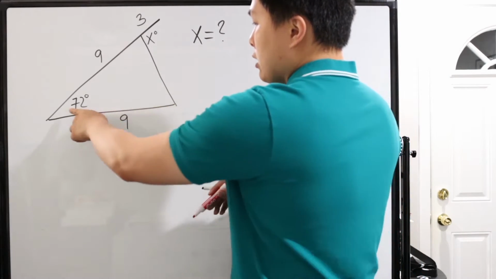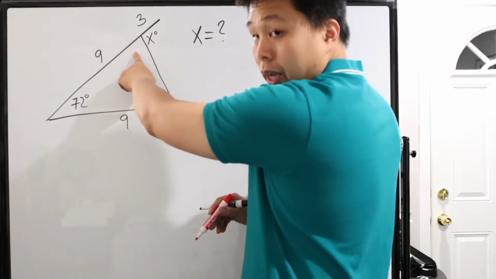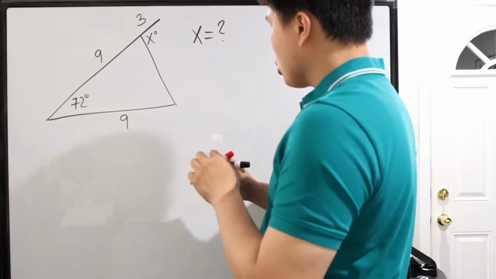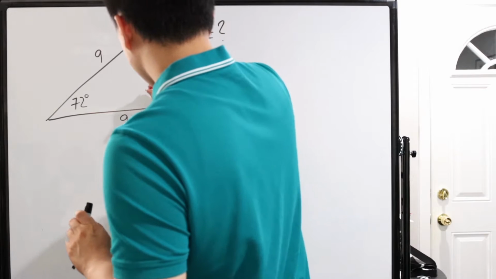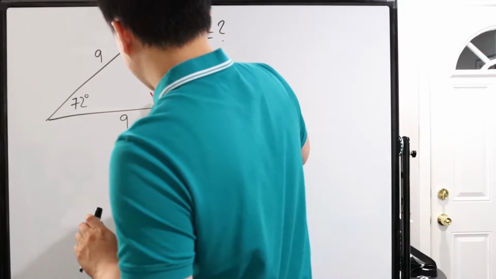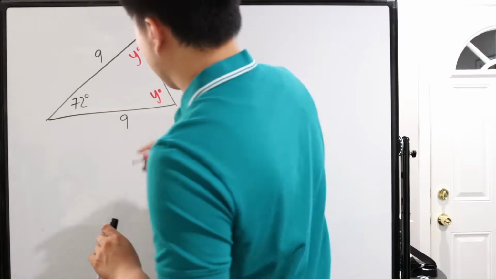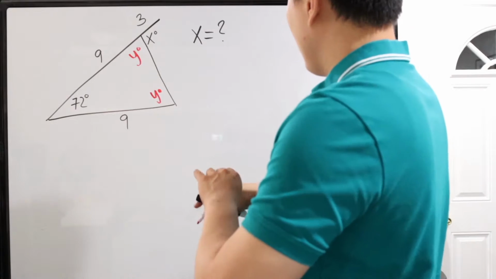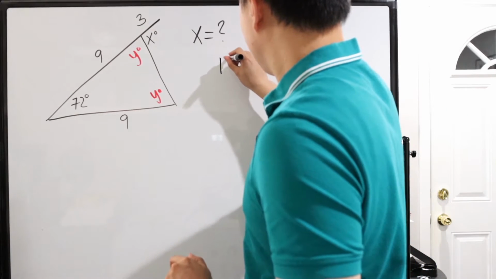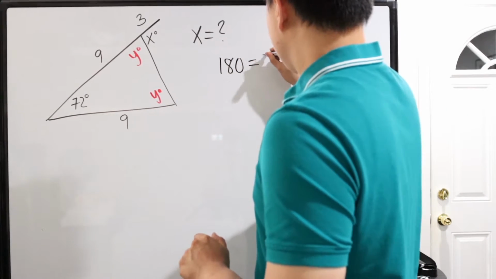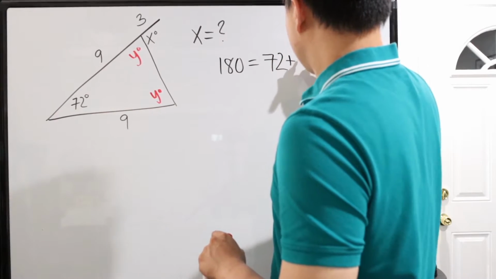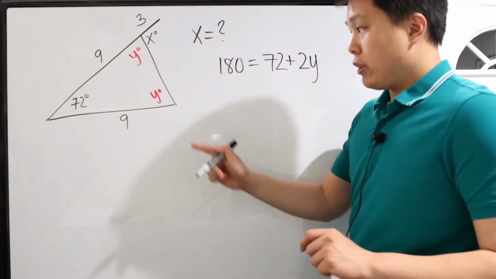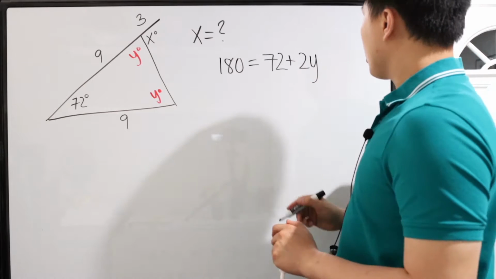That means that 72 plus some angles is 180. Let's just call this y, and this is the same thing, y degrees. So we have 180 equals 72 plus 2y, since there's two of them. Now we can start solving this.